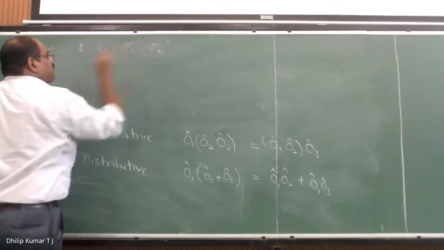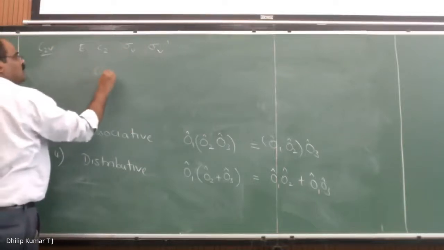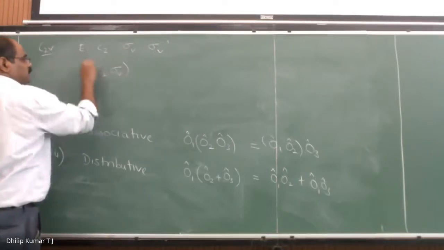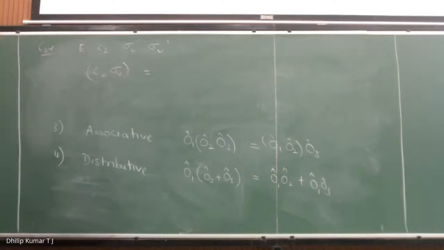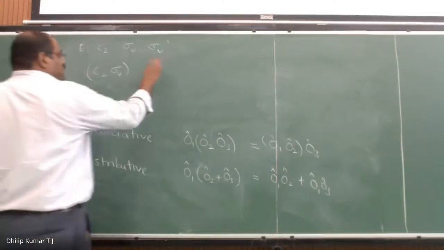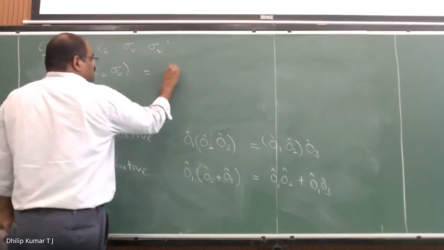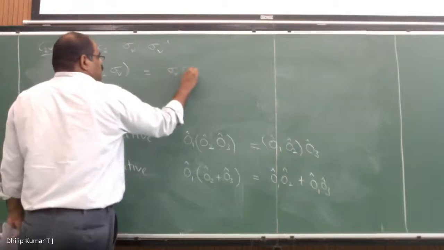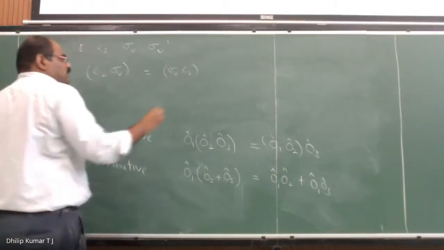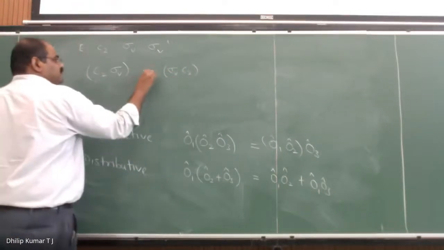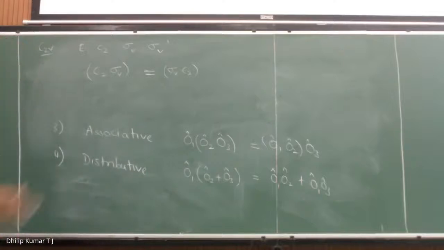If you take C2 and sigma v, take the product, and then if you invert it, sigma v multiplied by C2, what will you get?